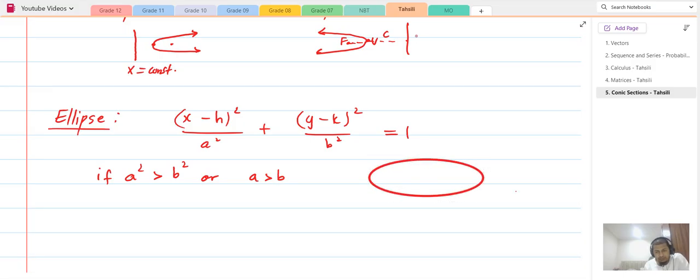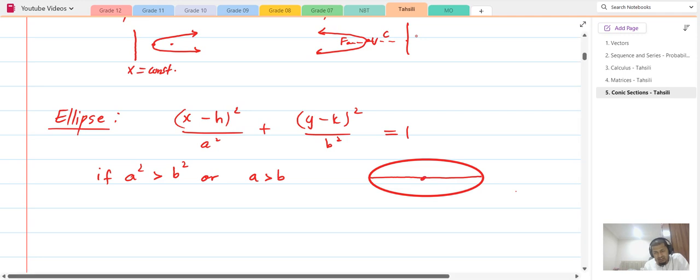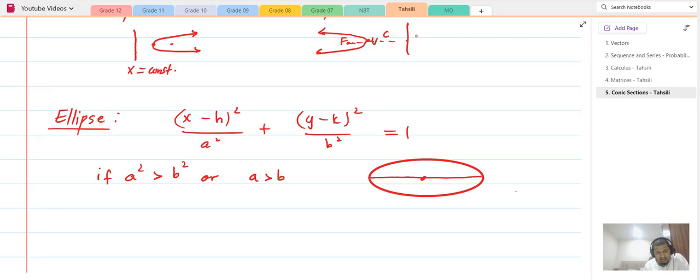stretched along the x-axis, right? And this is called the major axis. The center of the ellipse, remember this has a center, is (h, k). This is the major axis.